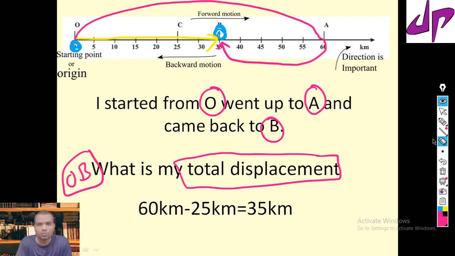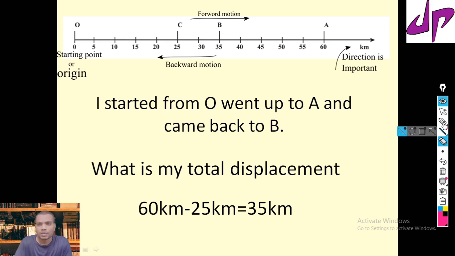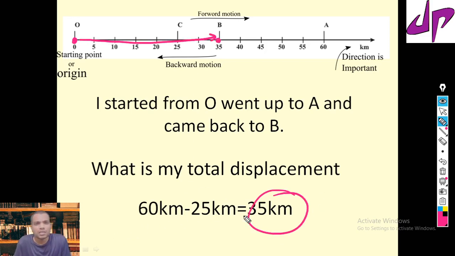Now we need to measure that shortest distance. If we locate it directly on the number line from O to the point B, this is a distance of 35 kilometers. So this 35 kilometers is the displacement.